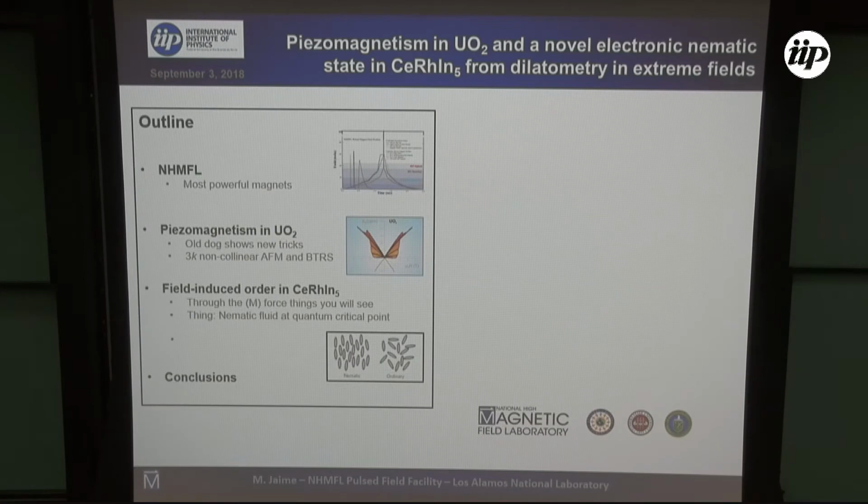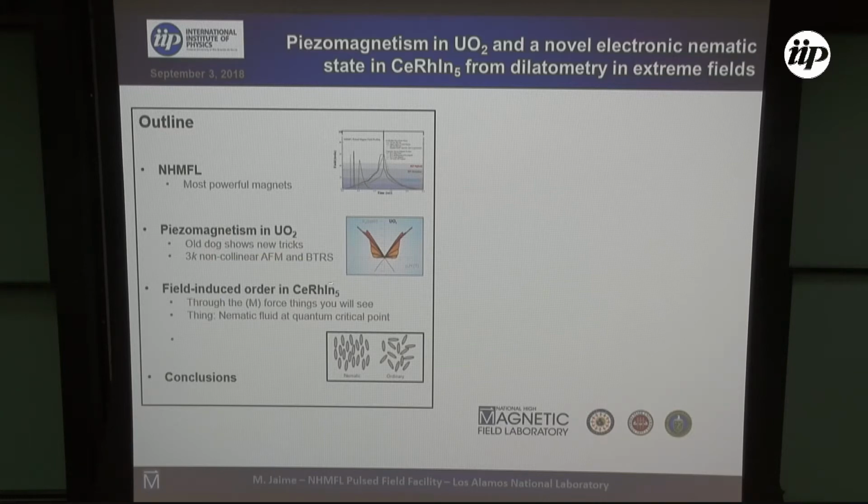This is the outline of my talk. I will discuss first an introduction to the magnetic fields in pulse field laboratories. Piezomagnetism in uranium dioxide is an old dog that shows new tricks because of a very special antiferromagnetic state developing below 30 Kelvin.